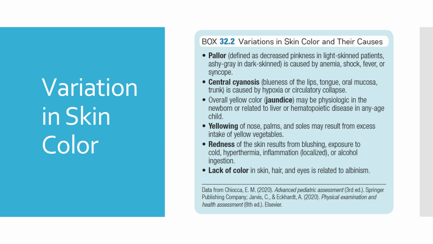Overall yellow color is jaundice. The yellowing of the palms and the soles of the feet may be just because they're eating lots of yellow vegetables. Redness of the skin from either blushing, exposure to cold, hyperthermia, just making sure that you understand where that redness is coming from. And then any lack of color can be related to albinism.